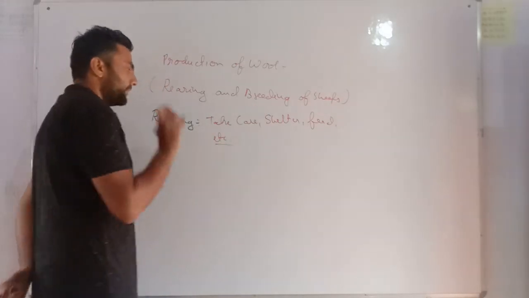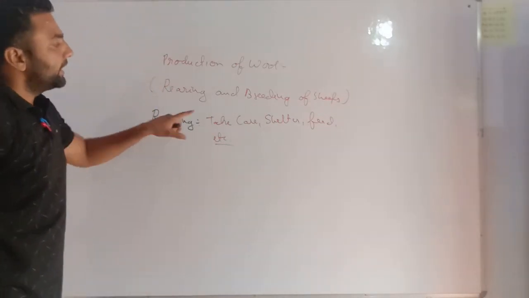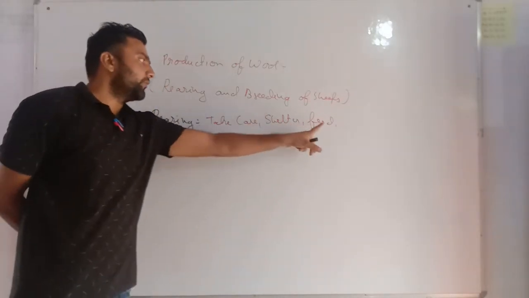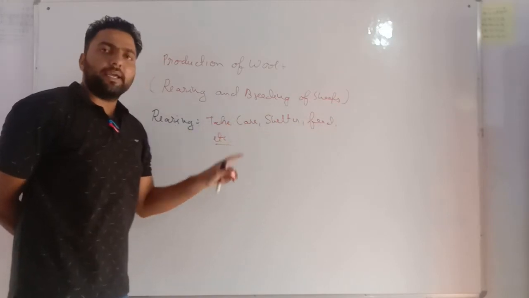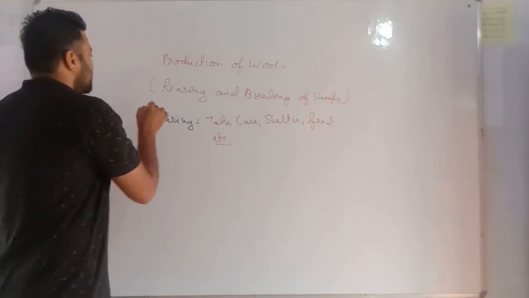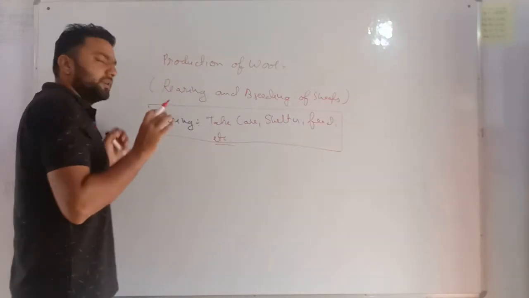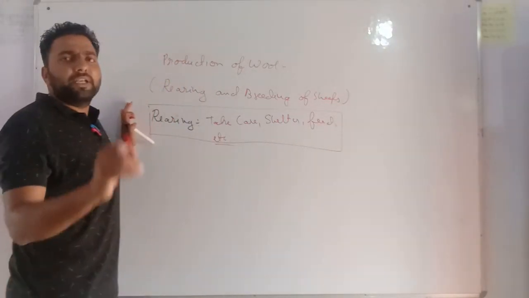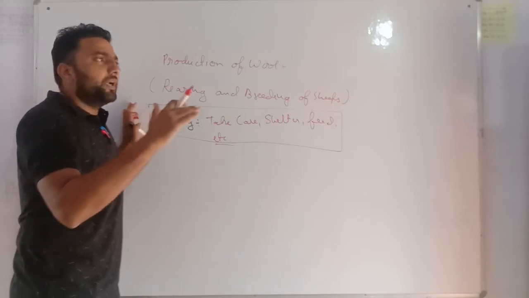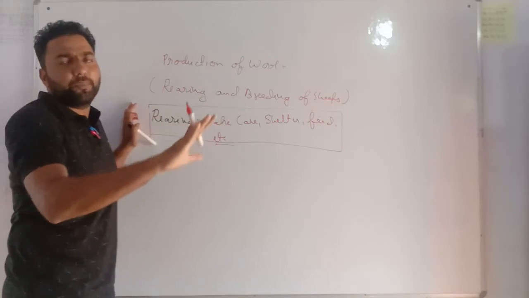Rearing is the process in which we give shelter, feed the sheep, and take care of them. All these processes together are known as rearing of sheep. You might have seen animal husbandry, tabelas, and cow sheds prepared.